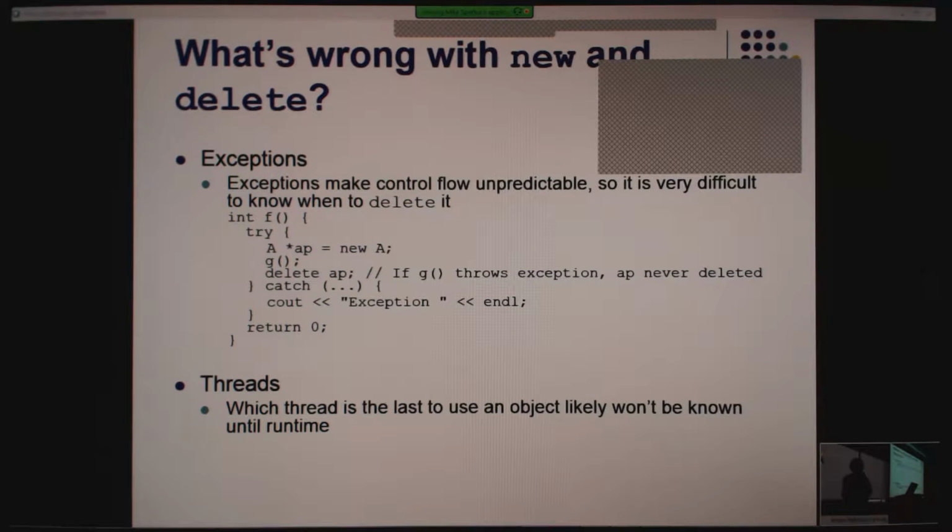There are two answers that are sort of at least post-standardization C++ features. There are exceptions and threads. So the problem with exceptions is it makes the control flow of your program unpredictable. So God knows where you should put the delete statement.